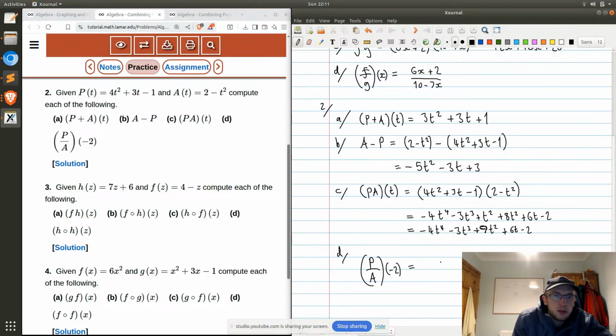Just put -2 into P. And put -2 into A. Okay, that should be 4. 4 times 4 is 16.